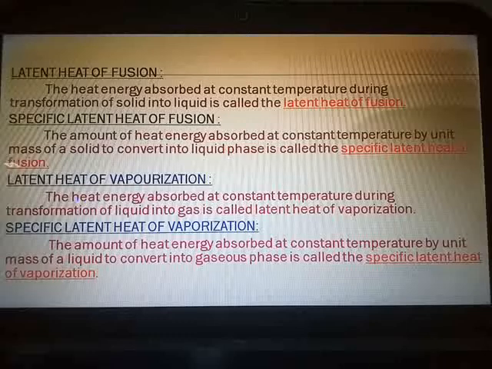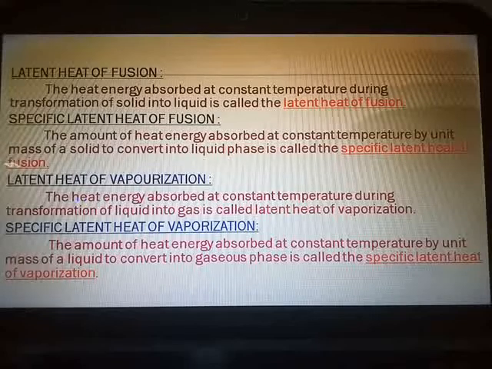How a substance, whether it is a liquid or a solid, absorbs a particular amount of heat energy to get converted from one phase to the other at a constant temperature, without rise in the temperature. That is known as latent heat, whether it is latent heat of fusion or latent heat of vaporization.